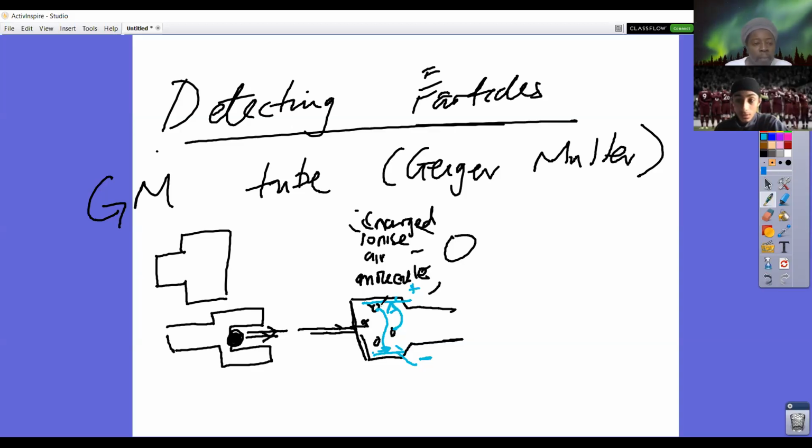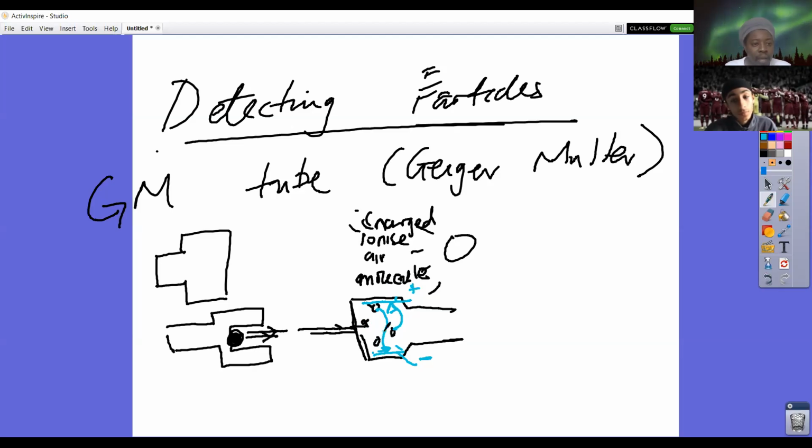So remember we said that ions are always formed in pairs. When this alpha particle gets in here, it's going to form positive and negative ions. So the negative ions are going to go to the positive plate, because it's going to attract it. Absolutely. And the positive ions are going to go to the negative plate. Now, because ions are moving and ions are charged, remember what is the definition we have for current?